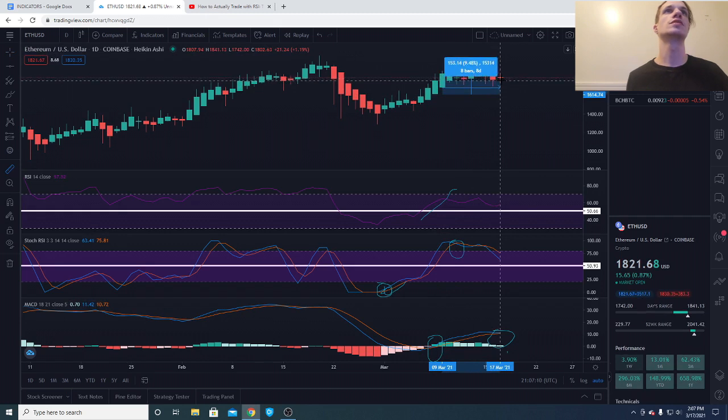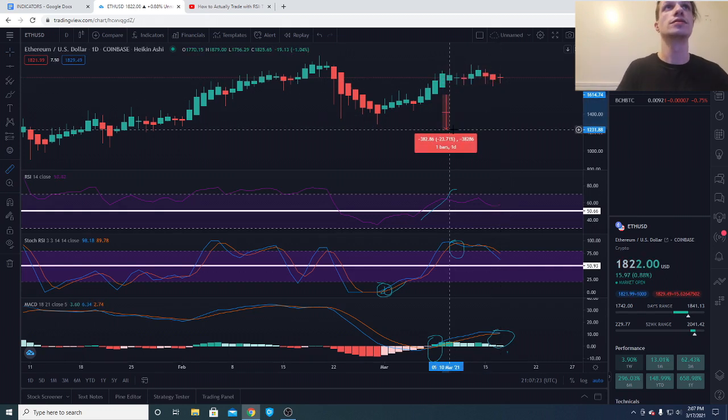You would have made 9% off this trade. So if you're trading with 10x leverage, $1,000 as 100%, you're turning that $1,000 into $2,000. Easy as that.